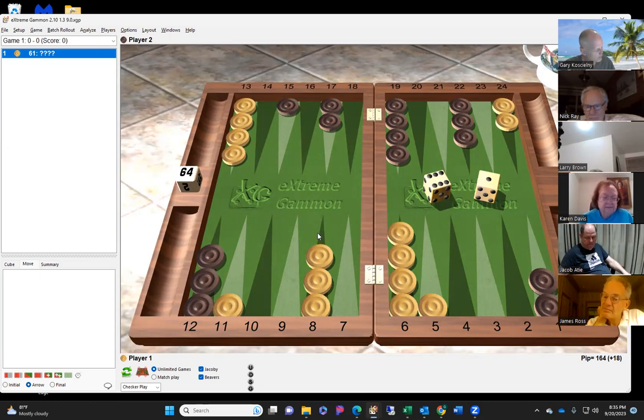I don't remember what you call this one, so I'm going to check. Yeah, he did call this a priming position, even despite the stacks, because we don't have a deep point and our spares are pretty well distributed. So this is a pretty weak prime.